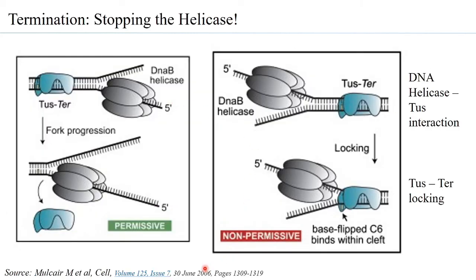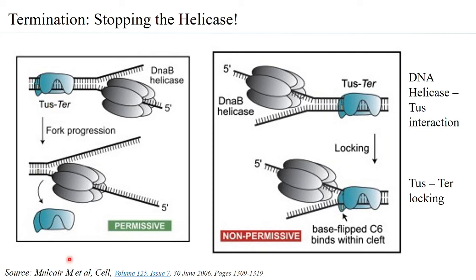Now, another study was carried out looking at the polarity. What was observed is that when the helicase is moving towards the permissive end of the Ter-Tus complex, the helicase is able to dissociate the Tus, and because it dissociates the Tus, it continues to move through the Ter region and carry out unwinding.